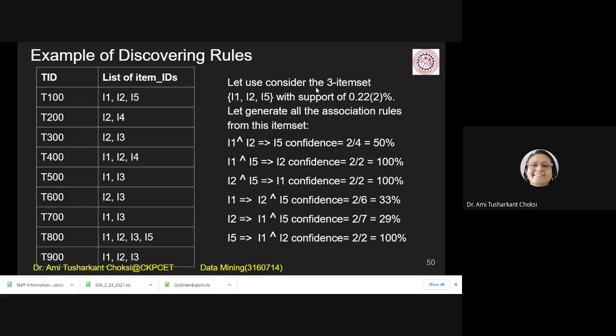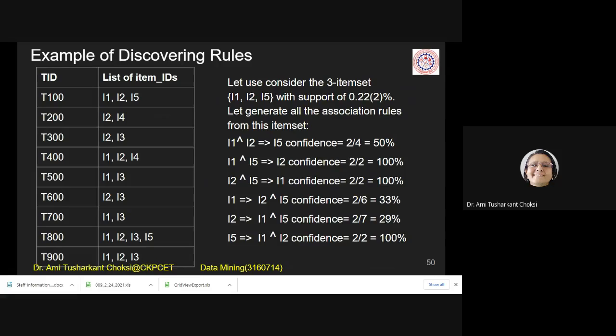Let us consider the 3 item set I1, I2, I5 with support of 0.22. What we have to do is count the support counts, check the candidate sets and then the frequent item sets, that is C1, C2, L1, L2, all those things, as we have seen in the previous lecture.